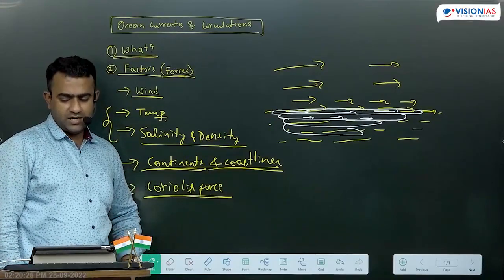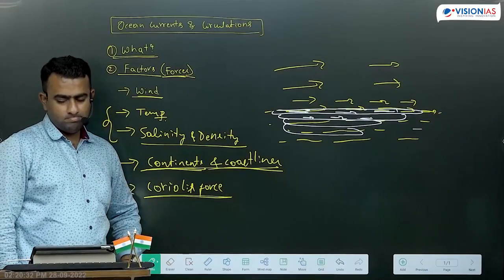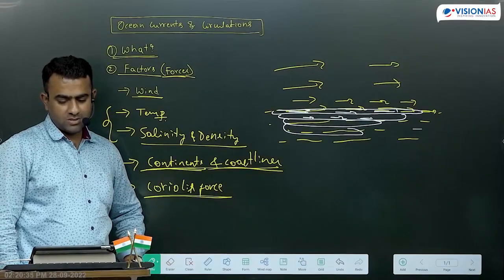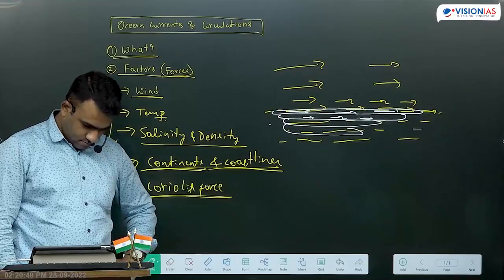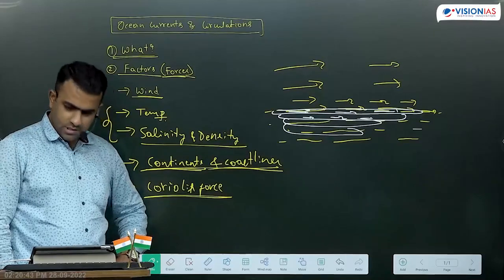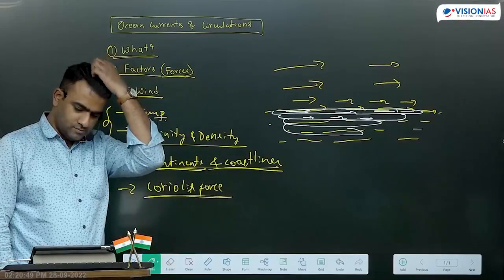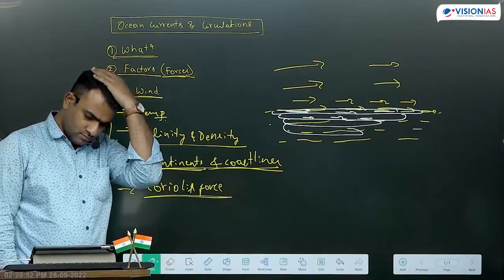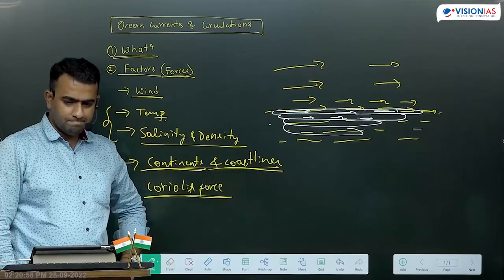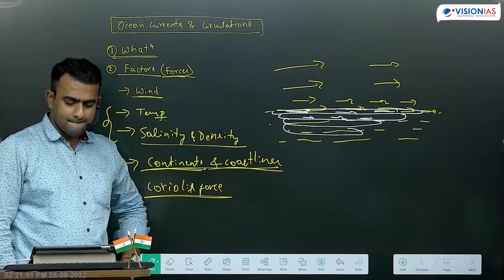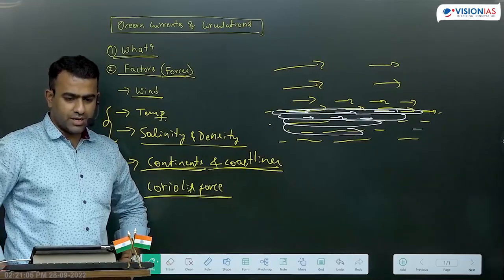Differences in temperature and salinity cause the water to move and reduce the variations. Such differences guide the movement of ocean currents.